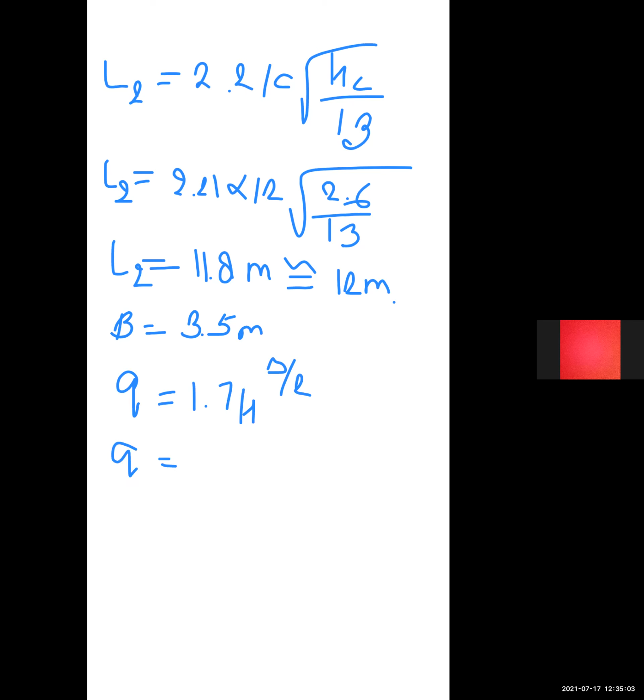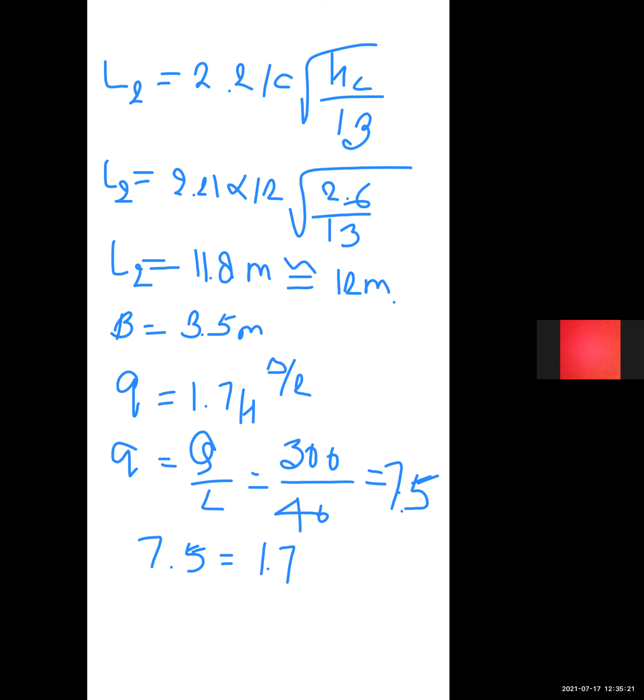So q equal to Q by L, and this q equal to 300 by 40, is equal to 7.5, and this value 7.5 equal to 1.7 into H^(3/2). So from this equation we can calculate H.